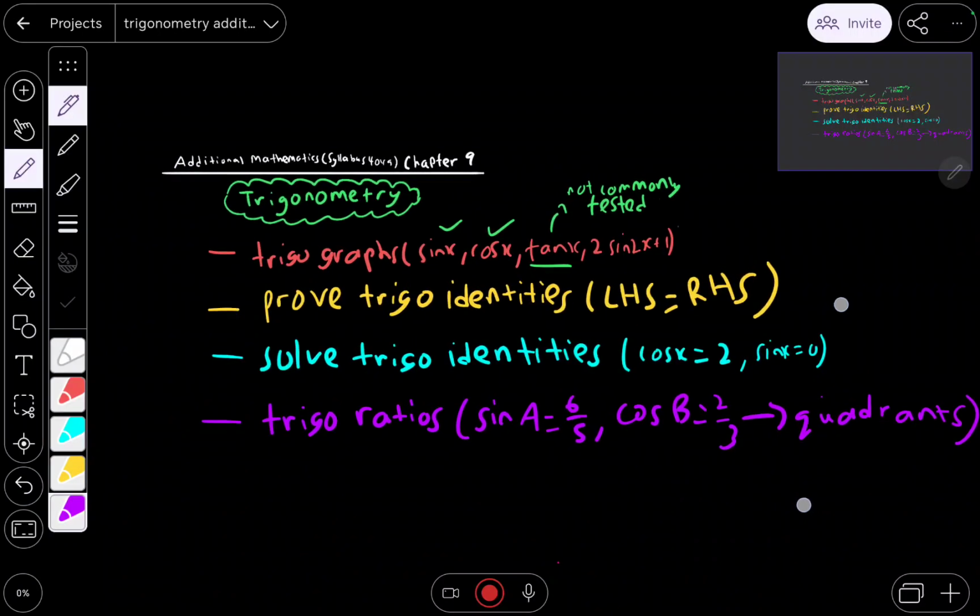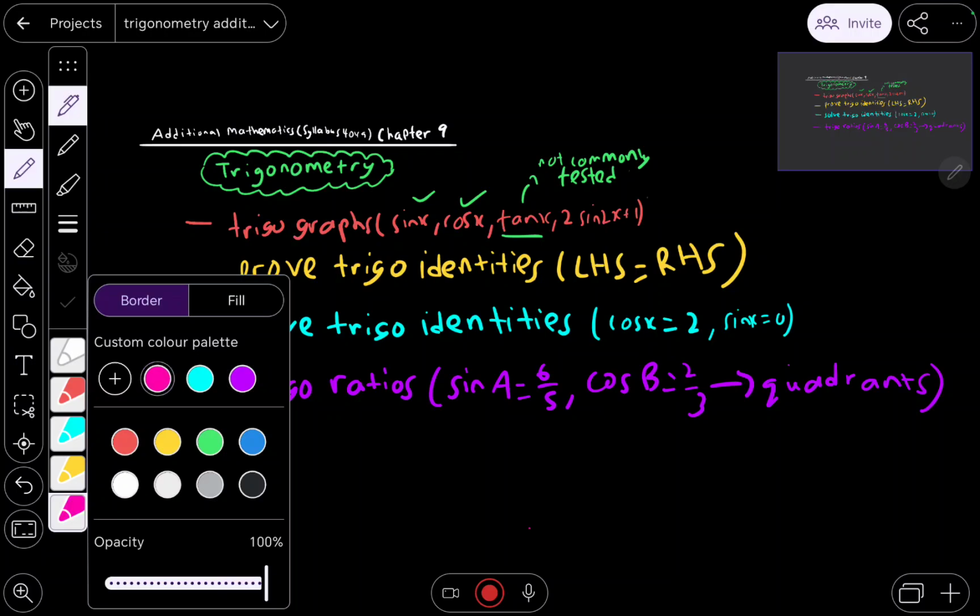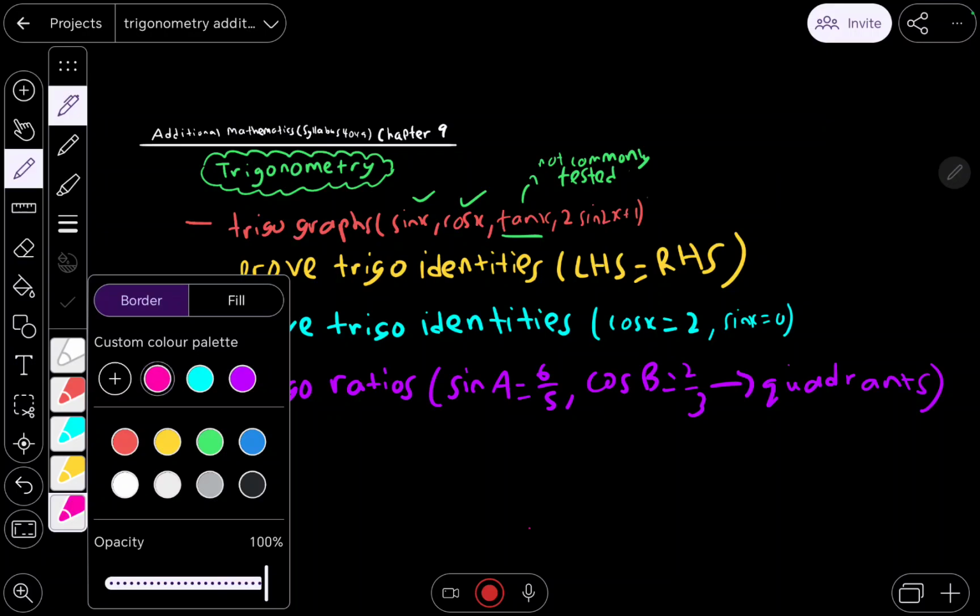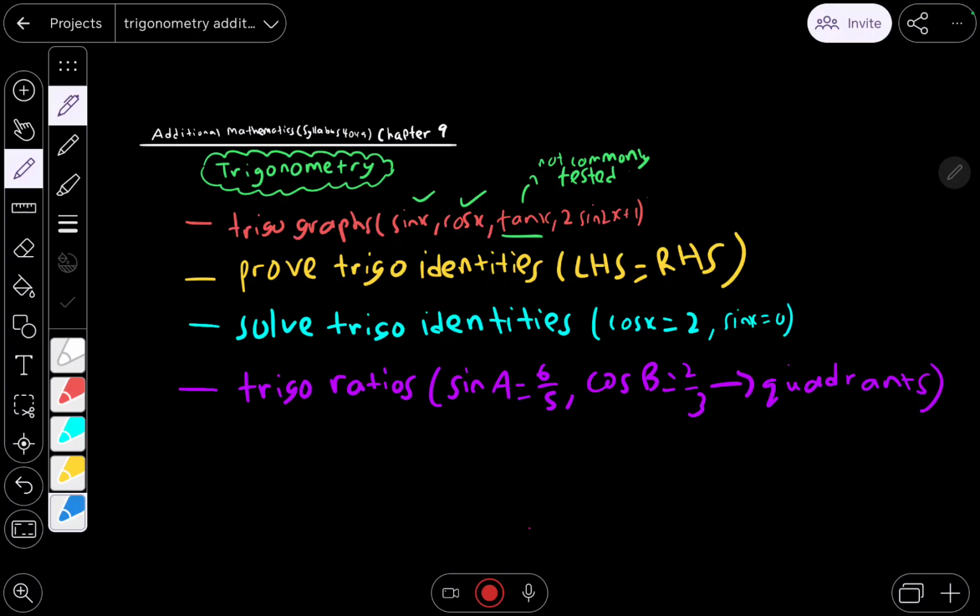And I will also write out one more subtopic, which is not in this chapter, about R formulae, which is in chapter 10.